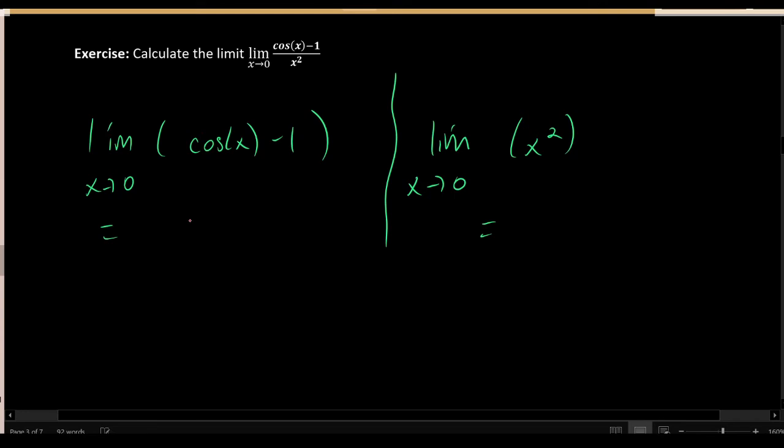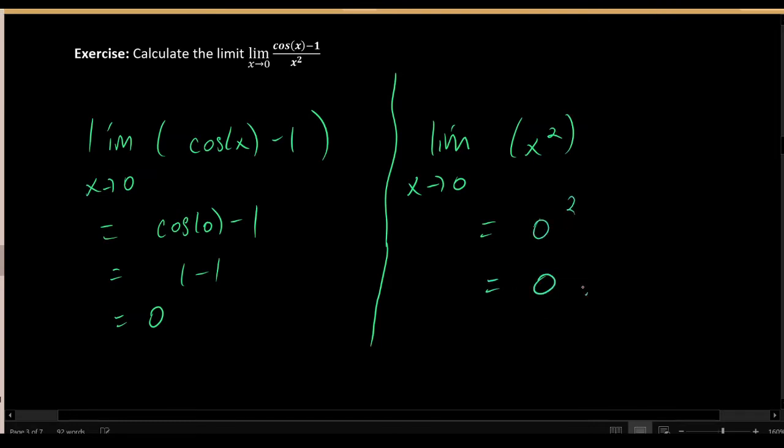On the left-hand side, this would be cosine of 0, take away 1, which would be 1 minus 1, which would be 0. And on the right-hand side, the limit of x squared would be 0 squared, which would also be 0. So in this case, the two limits do match, but this time both of them are 0 instead.